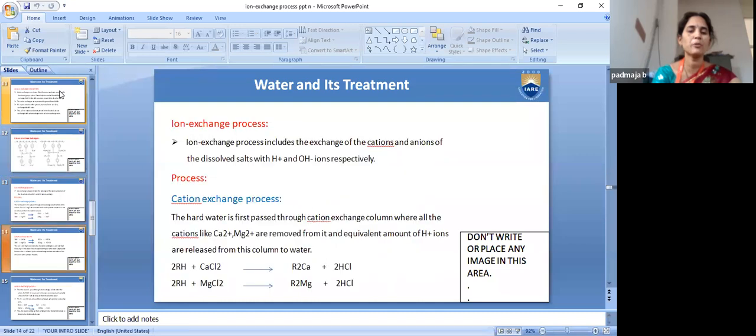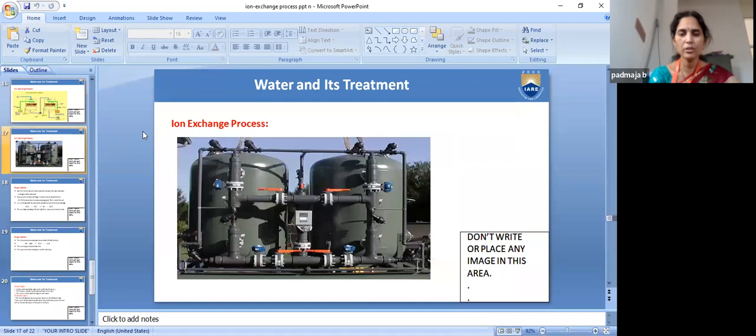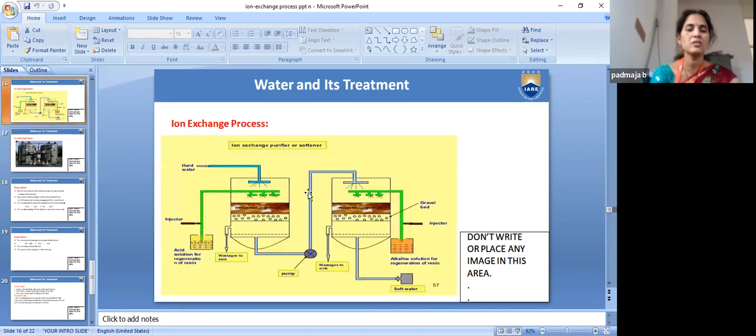Very simple process, where we arranged a cation exchanger bed and an anion exchanger bed, and exchanging of both cations and anions is taking place. By passing through the cation exchanger bed and anion exchanger bed, what we collected is completely soft water without any hard salts. So in industry, you can see this ion exchanger equipment.